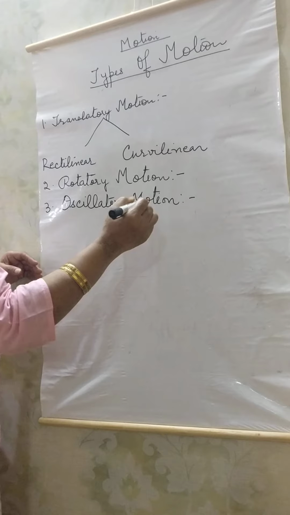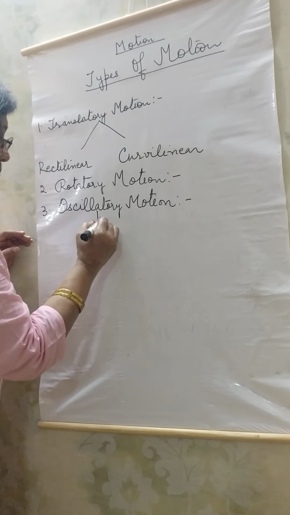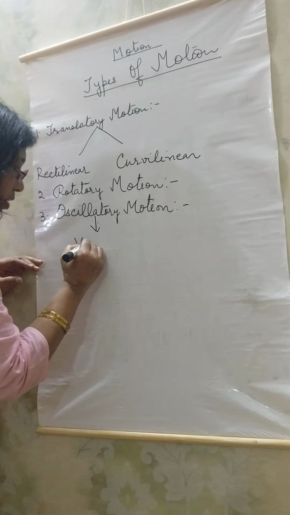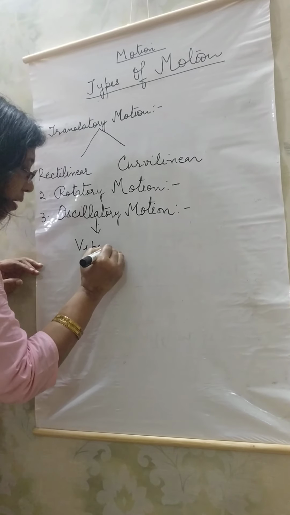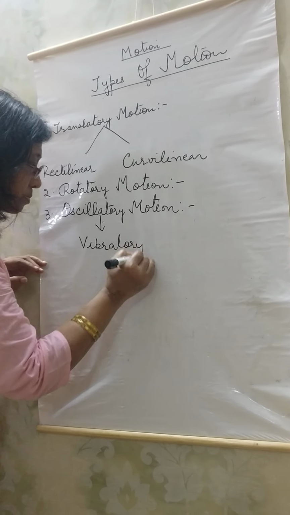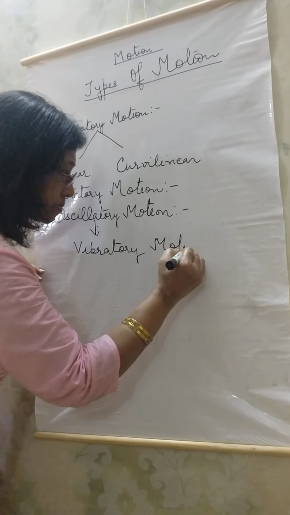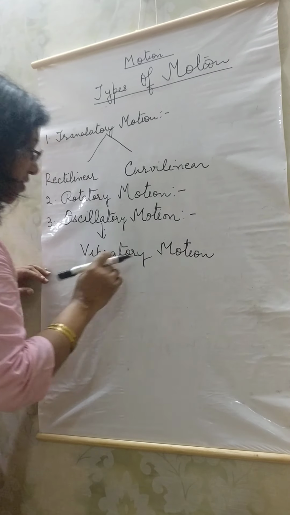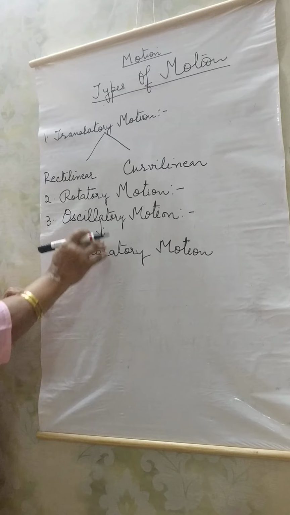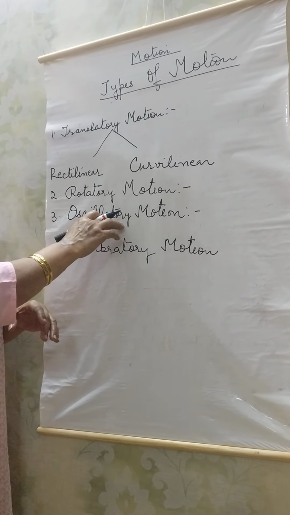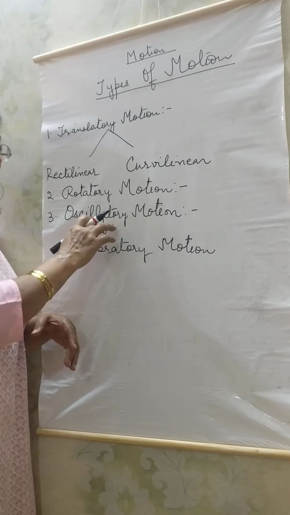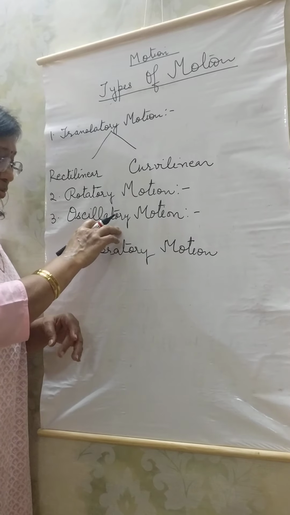Under oscillatory motion, there is a special case known as vibratory motion. Vibratory motion is a special case of oscillatory motion.